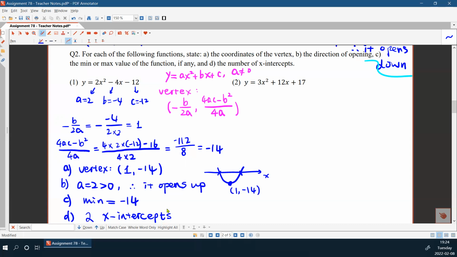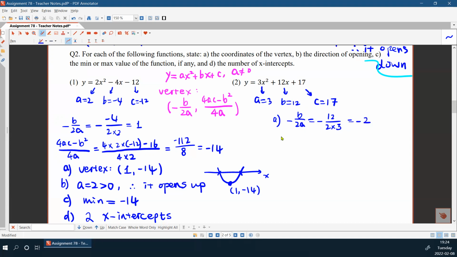No. Okay, then let's have a look at question 2. Okay, first of all, identify A, B, and C. So A is 3, B is 12, right? And C is 17. So first of all, let's calculate the coordinates of the vertex. First, the x coordinate, which is -b/2a, where b is 12 and 2a is 2 by 3, so we have -6.